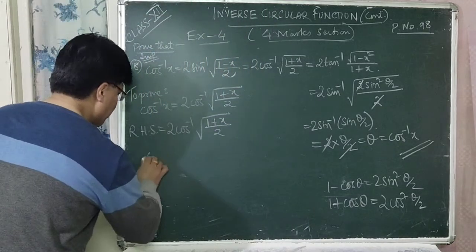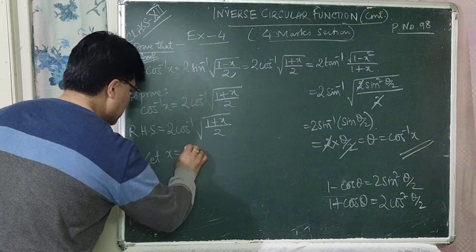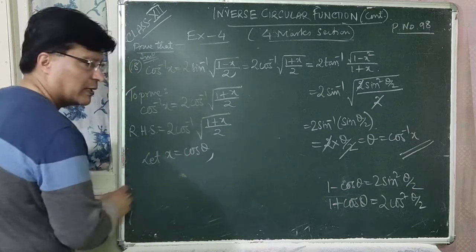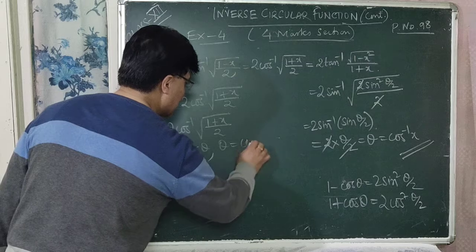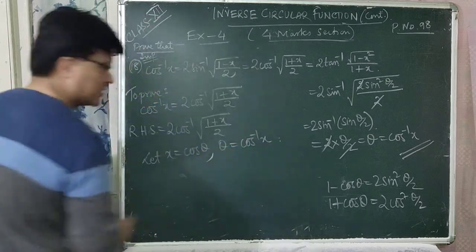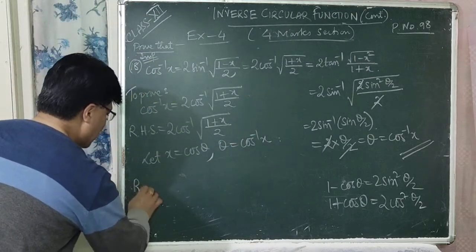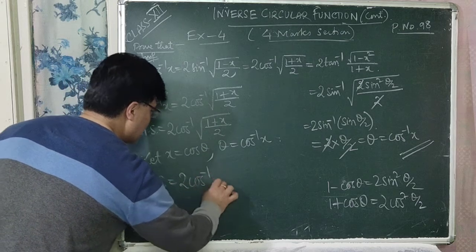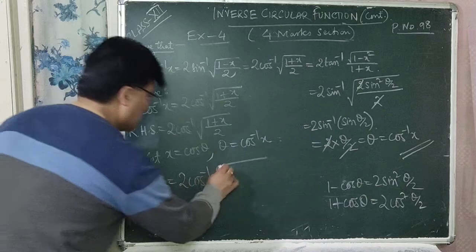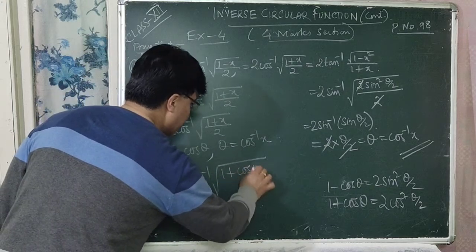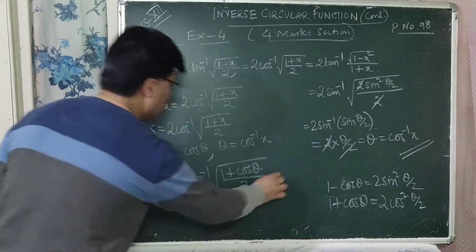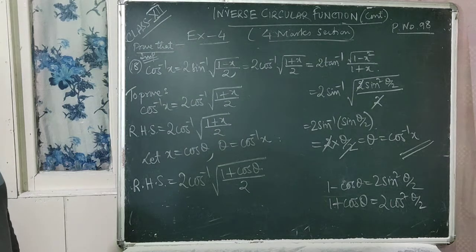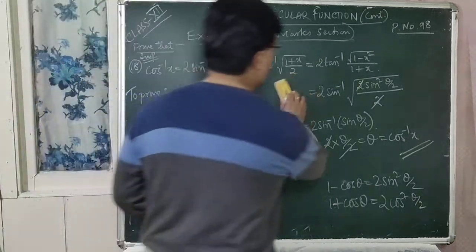So let x is equal to cos theta, right? So what is the value of theta here? It is cos inverse x. Now this RHS now becomes RHS is equal to 2 cos inverse within square root. It is 1 plus, what is x here? 1 plus cos theta, this whole divided by 2. Is that clear? Now next.